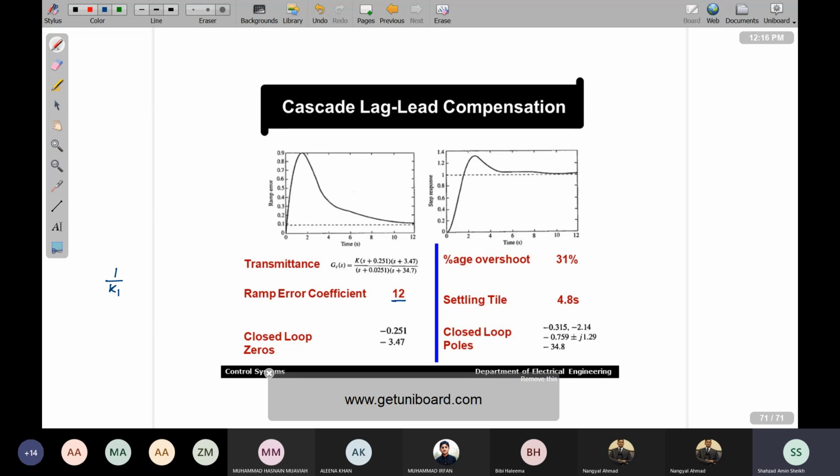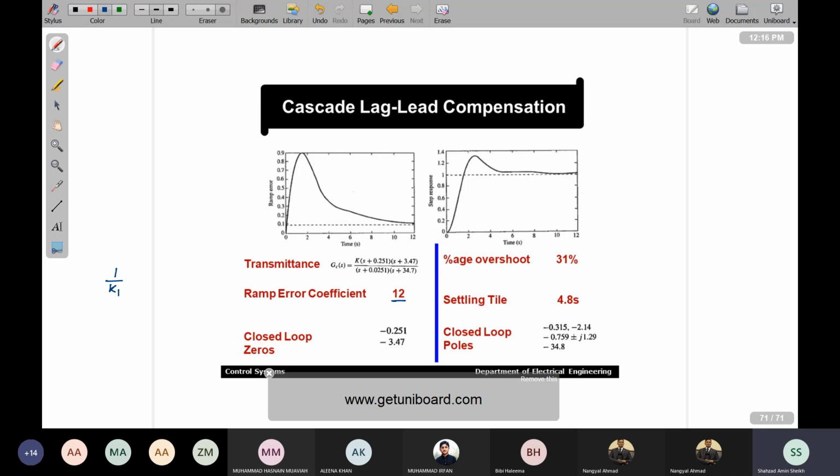और cascade lag के context में बात करें तो you are introducing a pole and zero as well, but this time the pole is not on the j omega axis, origin पे नहीं है, बल्कि that is in the vicinity of your j omega axis.